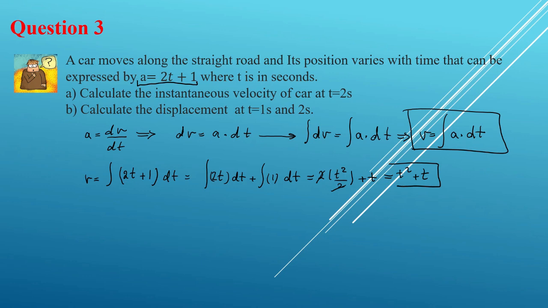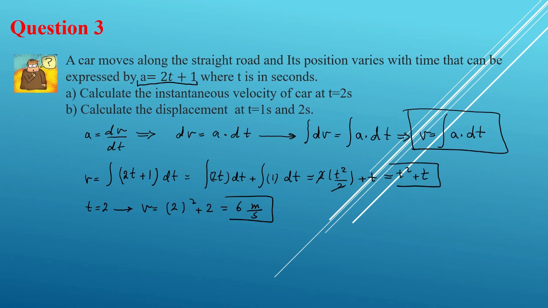And then it asks me to calculate the instantaneous velocity of the car at t equal to 2 seconds. So I have the equation for v, and I need to substitute t here. So for t equal to 2 seconds, my v is going to be 2 squared plus 2, which is equal to 6 meters per second, right?